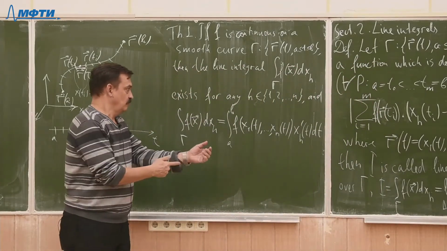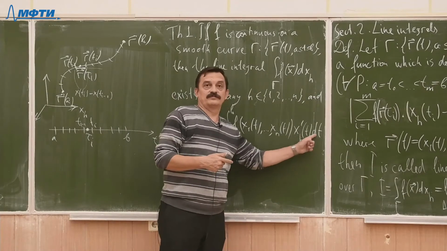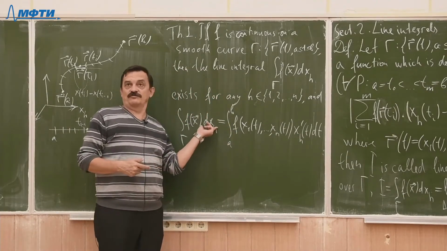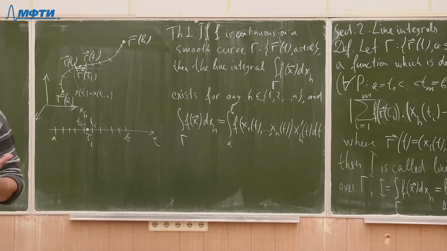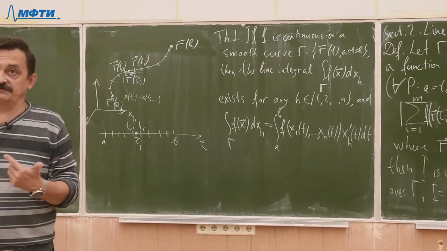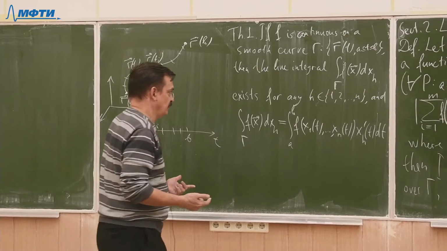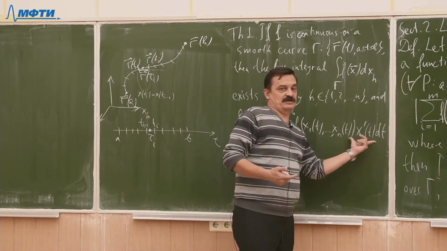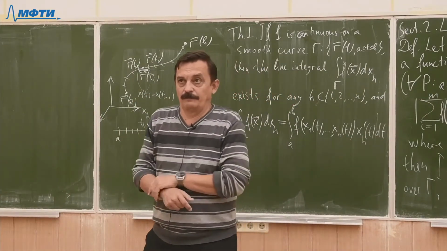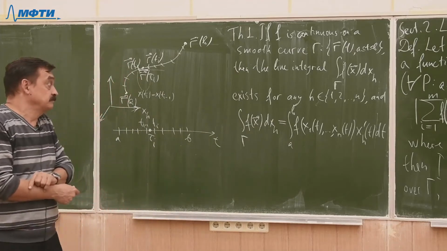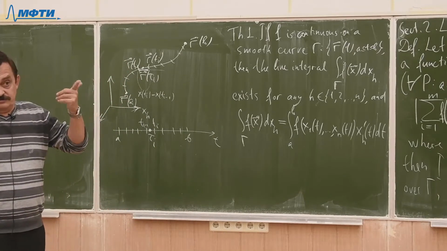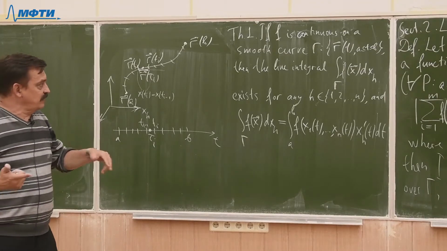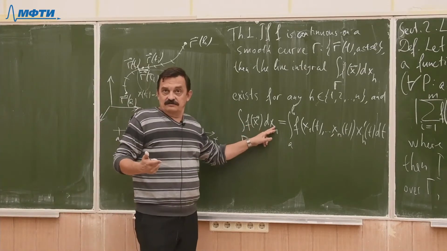So what is written here? Precisely the differential of the function x_h. What is the differential of the function x_h? Derivative times dt. And that is precisely what we have here. So once again, like for the integral along a curve, we had ds here.